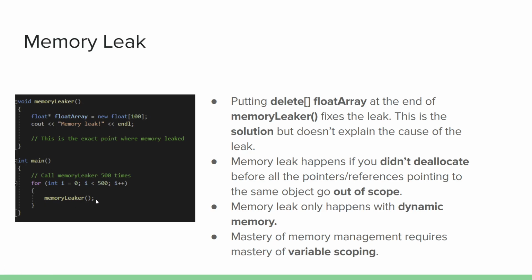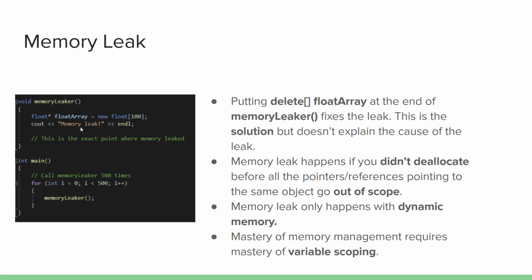In this case, it will go to the next line, which is here. It's out of scope already. We have no way to actually delete this outside of here because we don't have any reference of where the address is. That is why it should be done within the scope, within where the new operator is used.